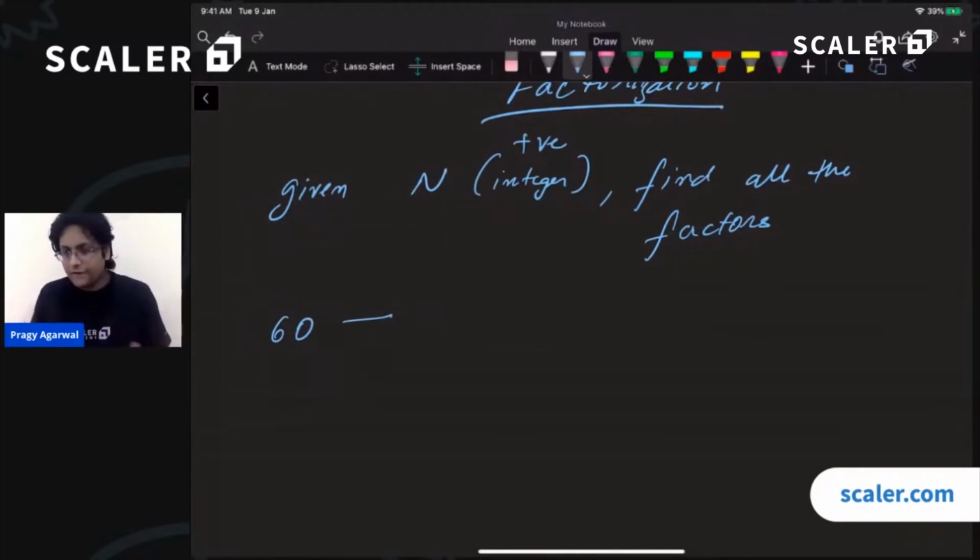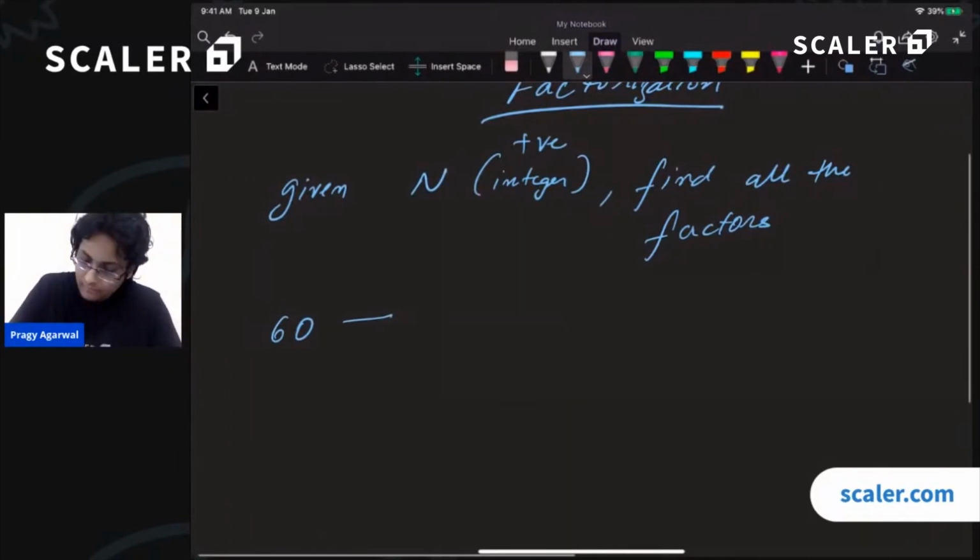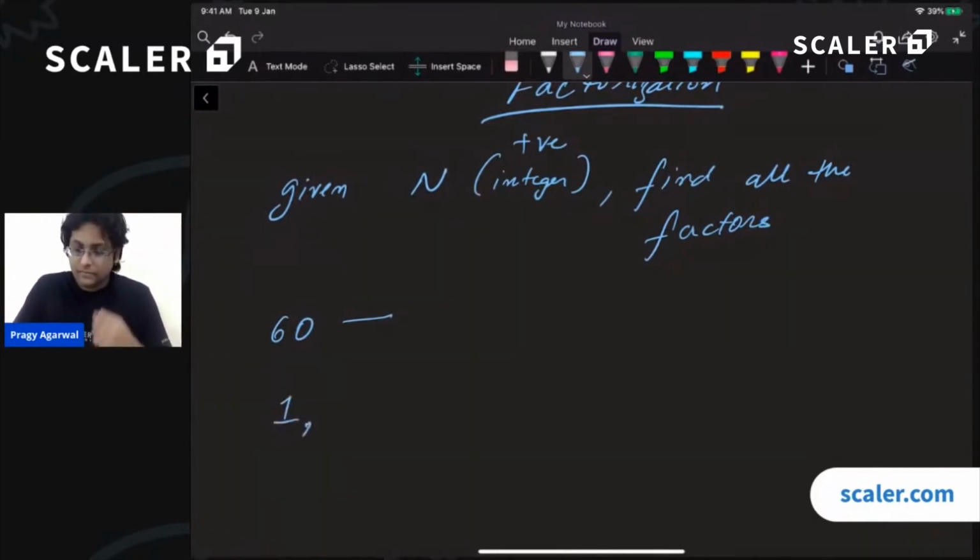So when we're talking about factors, we are talking about the positive integers that divide 60 and do not leave a remainder. So what numbers are those? Firstly, we have 1. Then does 2 divide 60? Yes, it does. So we have 2. Similarly, 3 divides 60. 4 also divides 60. 5 does. 6 does. 7 does not really divide 60.